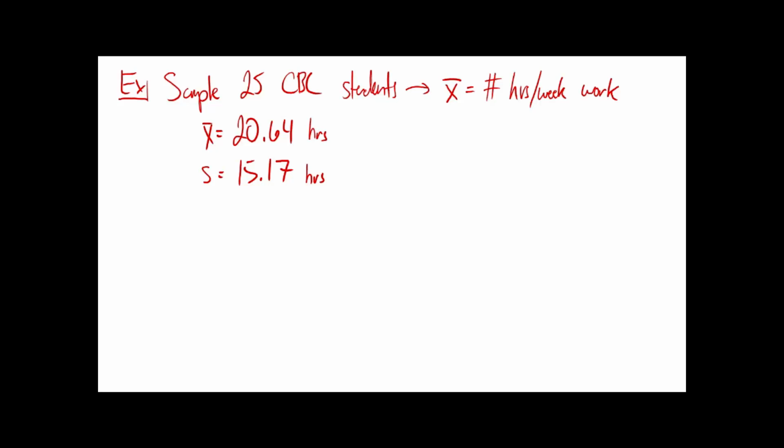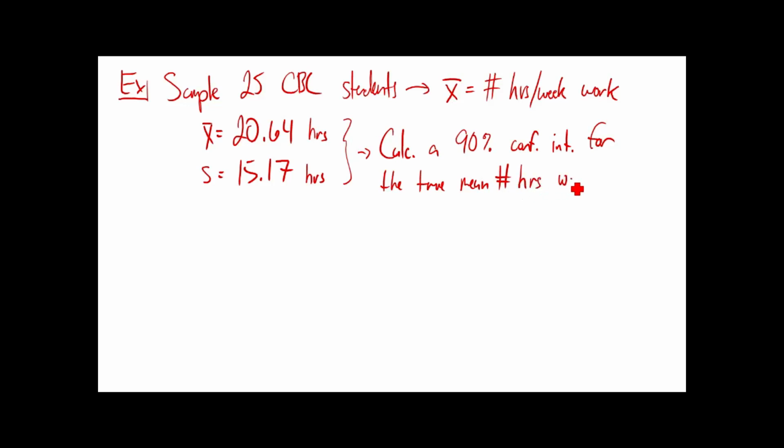That's high variability, which makes sense because we have anywhere from 0 to 42 hours. It's a pretty small sample, so there's a lot of variability in there. Let's take that information, and if you guys are a random sample, let's calculate a 90% confidence interval for the true mean number of hours worked per week of CBC students, because you're only a portion.